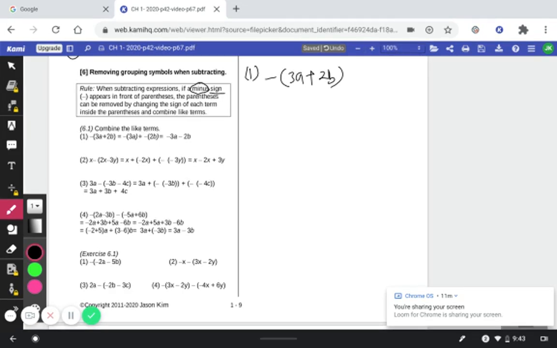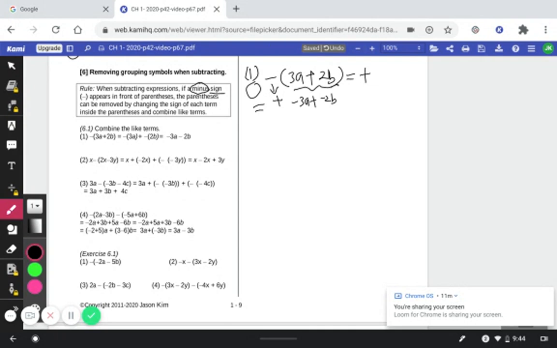So negative of 3a plus 2b is like making it positive, because you are doing keep change. You keep nothing, change this one to plus, change everything. So it becomes negative 3a means positive 3a. So negative 3a plus negative 2b. That's what they're saying.